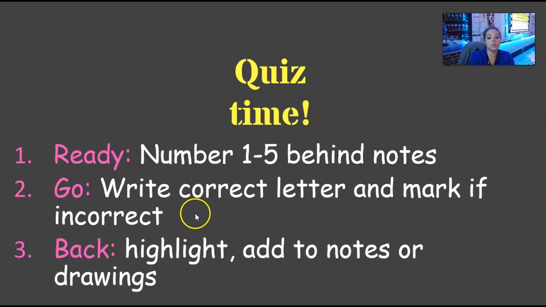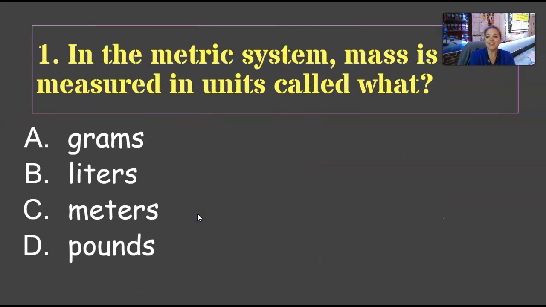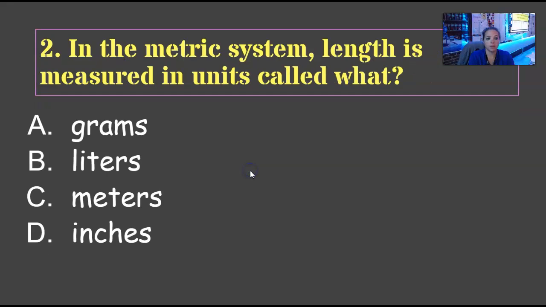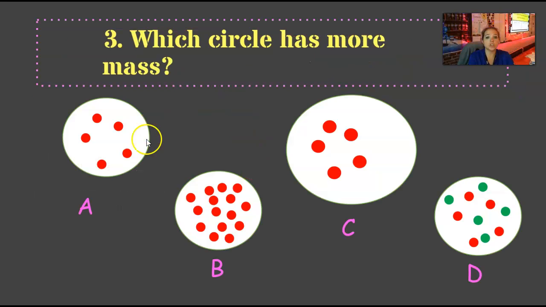All right. So, the first one, in the metric system, mass is measured in units called what? Grams, liters, meters, or pounds? Number 2, in the metric system, length is measured in units called what? Grams, liters, meters, or inches? Which one of these 4 circles has more mass to it?